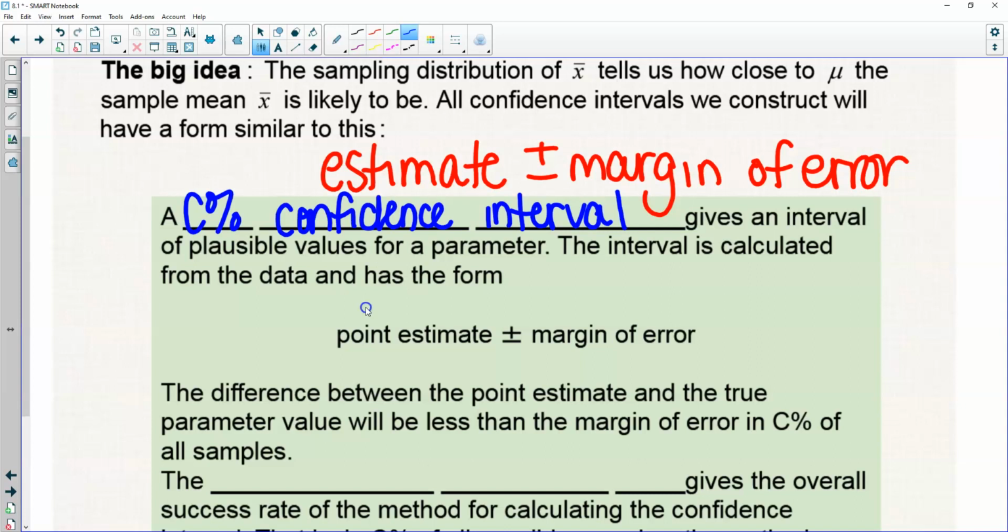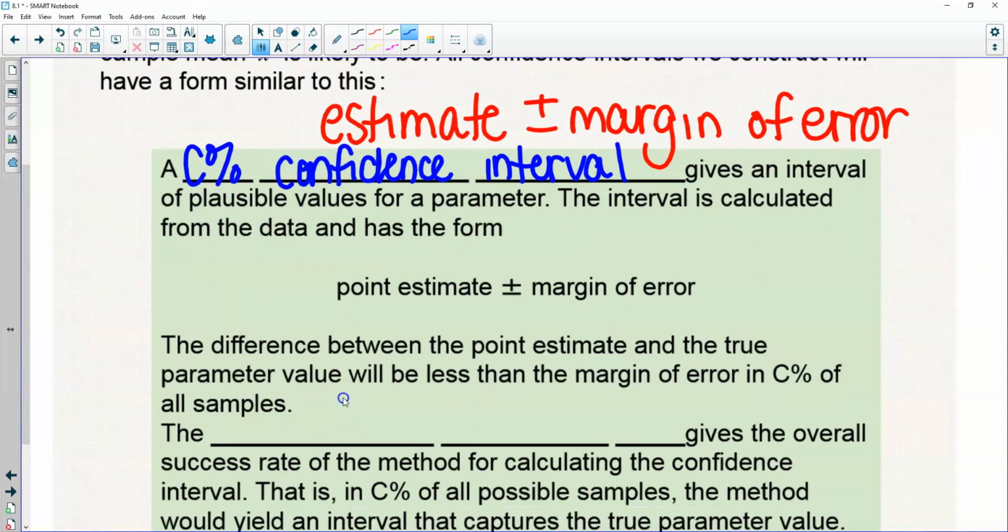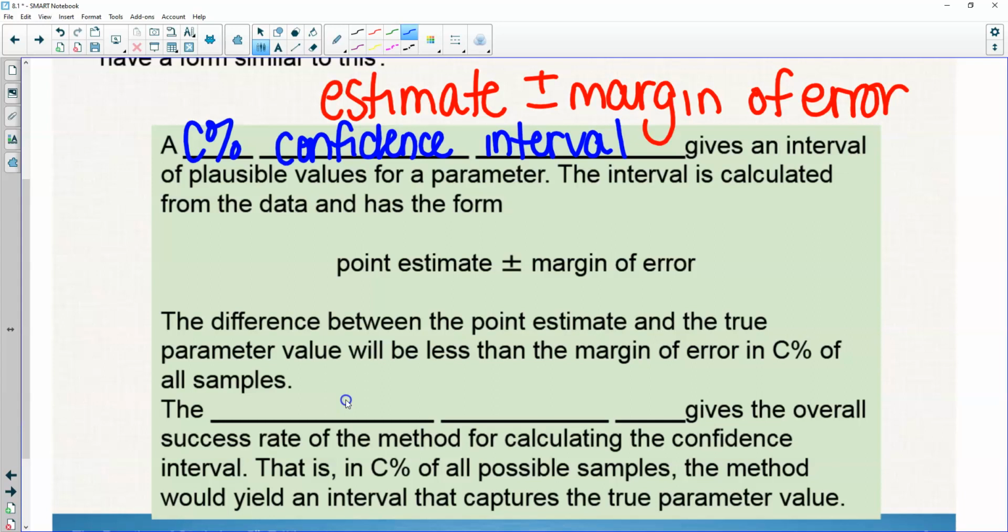In our last case, that was 95% of all samples. The confidence level C gives the overall success rate of the method for calculating the confidence interval. So in C% of all possible samples, the method would yield an interval that captures the true parameter value.